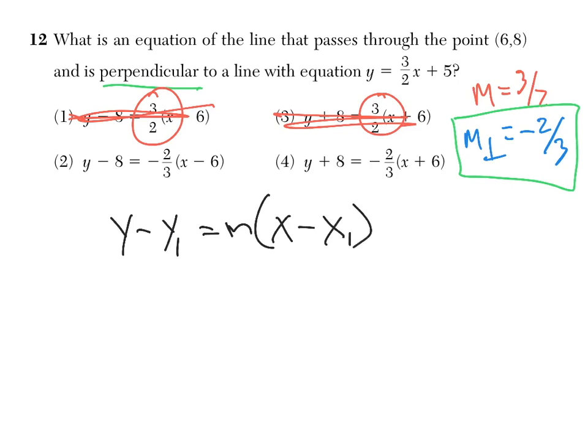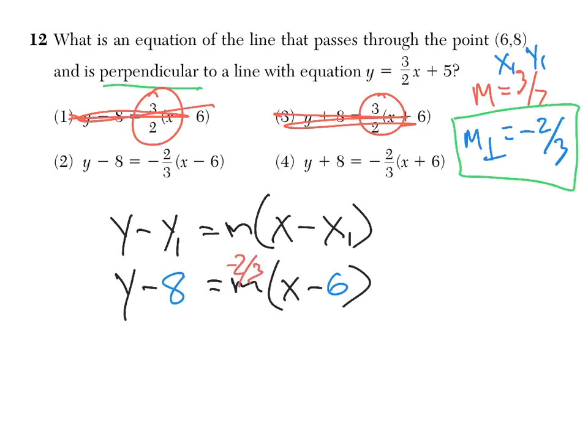And so when we look at this original equation, we can see that 6 is x1 and 8 is y1. I'm going to rewrite the equation now, simply popping in the new x and y values. And when I do that, I know that y1 is simply positive 8, and that x1 is simply 6. And I, of course, remember that m is now negative 2/3.